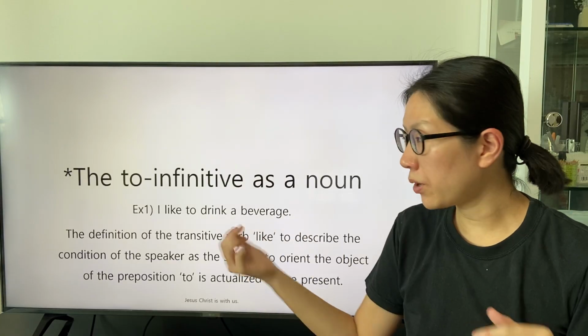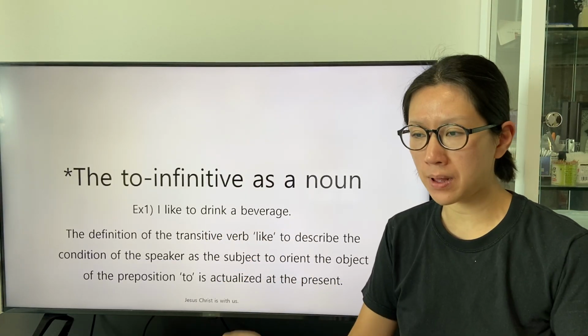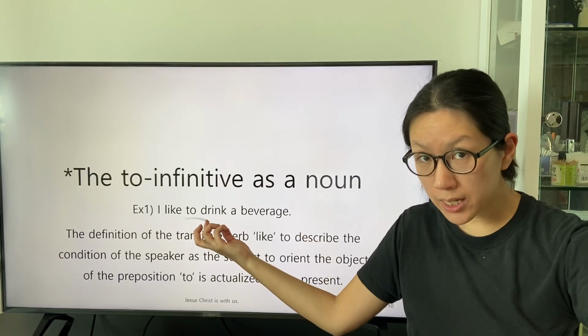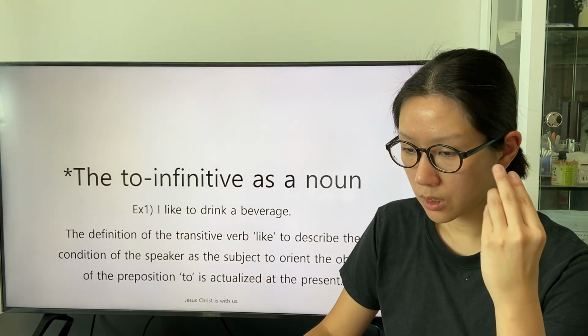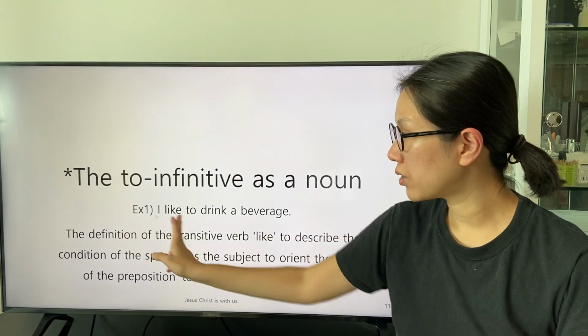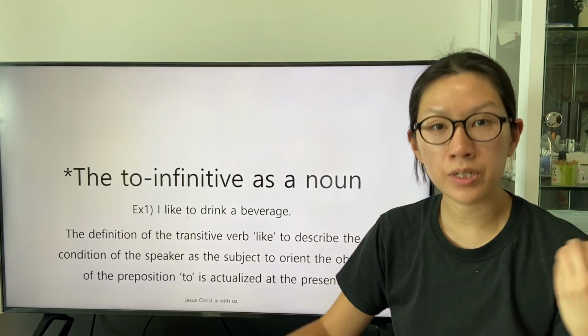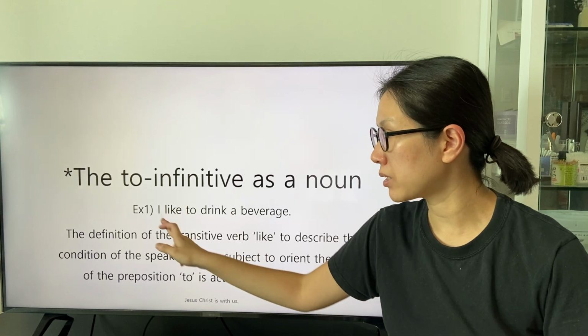And the proposed action described by the to infinitive to drink completes the subject-object relationship mediated by the transitive verb like.